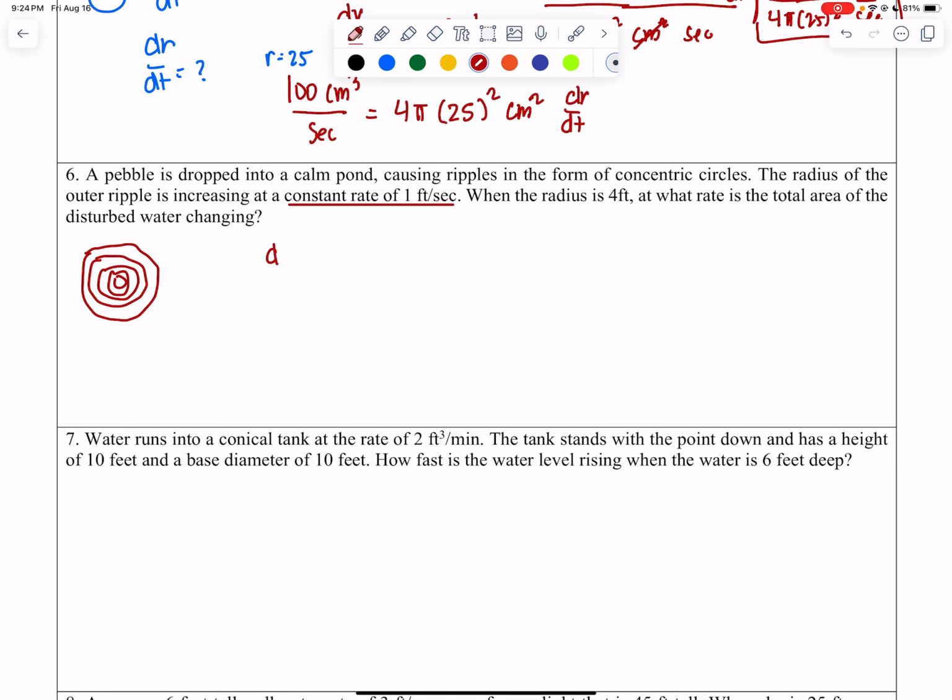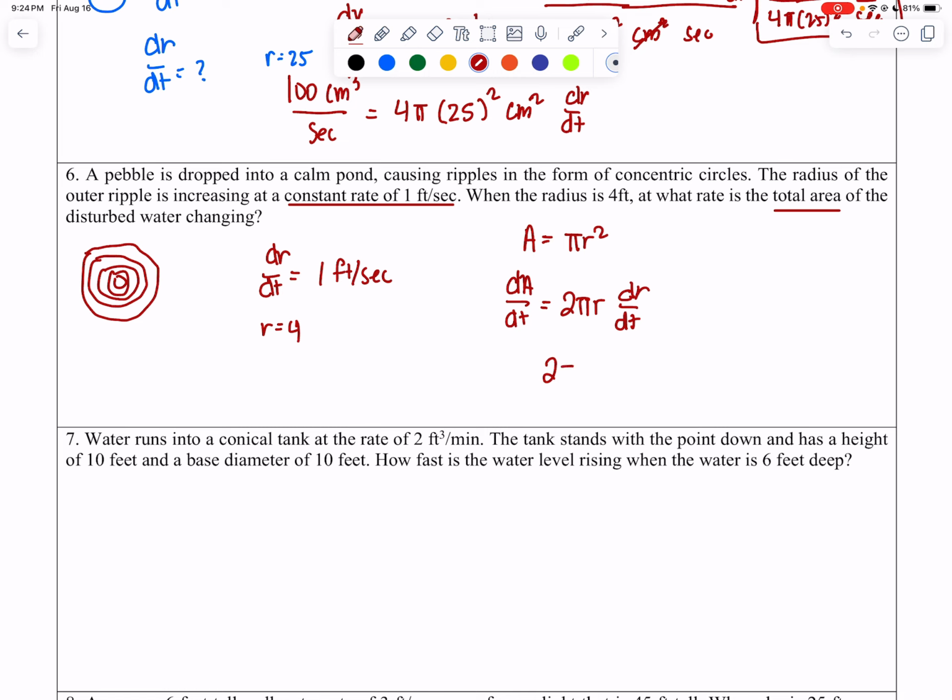All right, so we know that dr/dt is 1 foot per second, and we know that r is going to be 4. Since we're talking about the total area, and this is a circle, we know that area is pi r squared. I'm going to take the derivative with respect to time, and then I'm going to plug in everything I know.